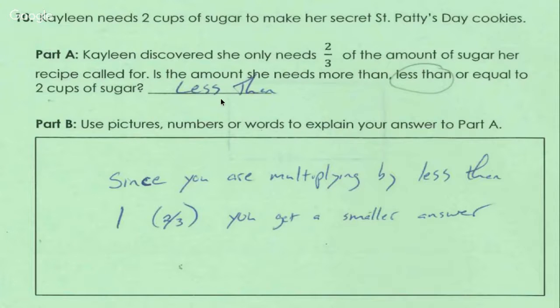If you multiply by a number greater than 1, that's when you get bigger answers. So in this case, we had 2/3 of the recipe, so it's smaller than 1. We're reducing the recipe, so we're actually reducing the amount of sugar we're going to need for these super secret St. Patty's Day cookies.